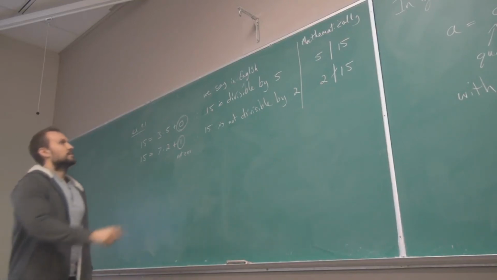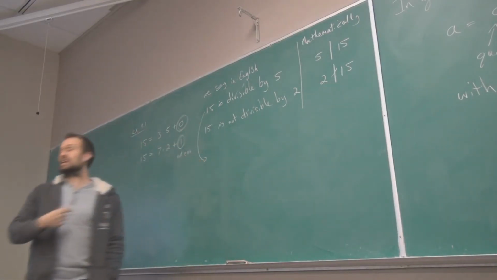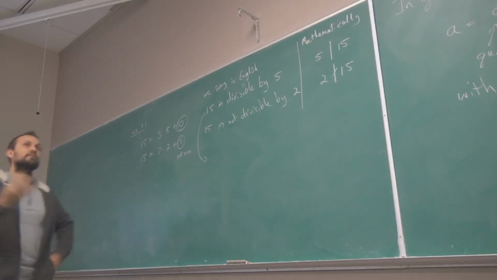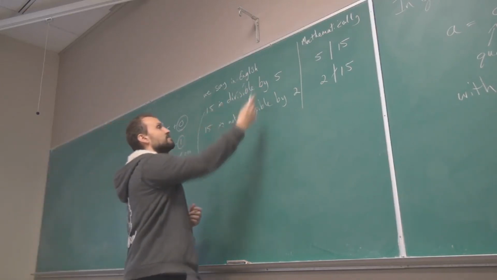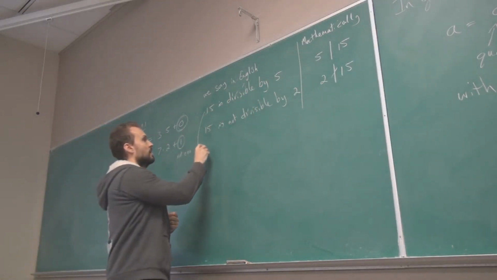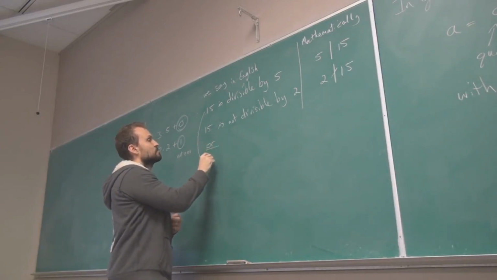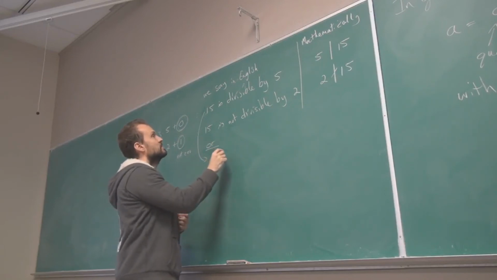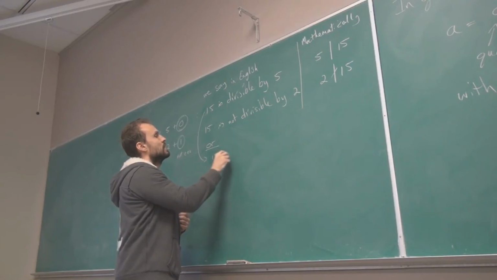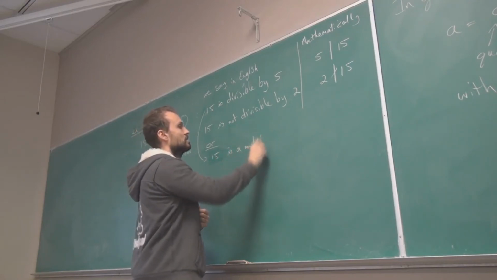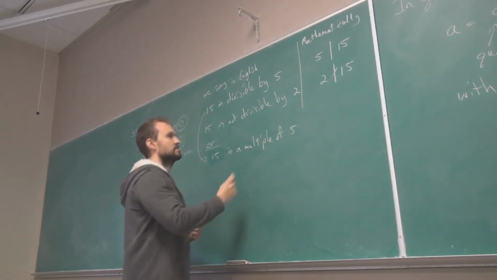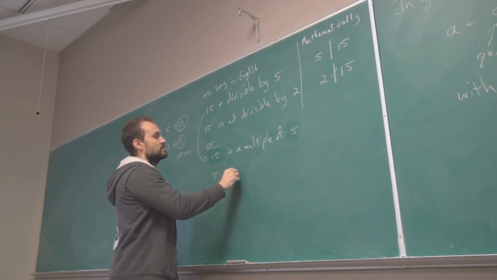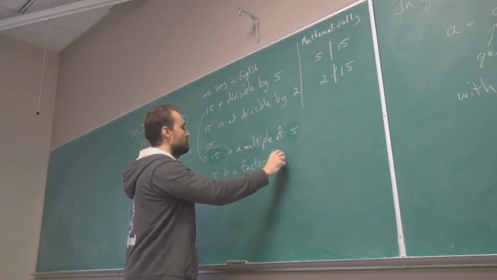Now we can say this one in many ways in English, though mathematically there's really only one, and it's that one. But in English there are many ways to say things. One is 15 is divisible by 5. Other ways to say it in English: 15 is a multiple of 5. Or we can say 5 is a factor of 15.